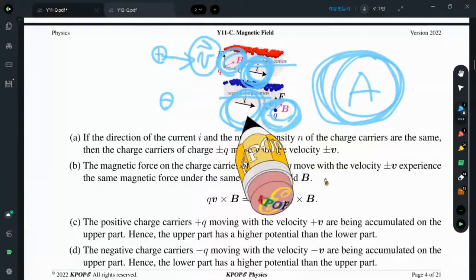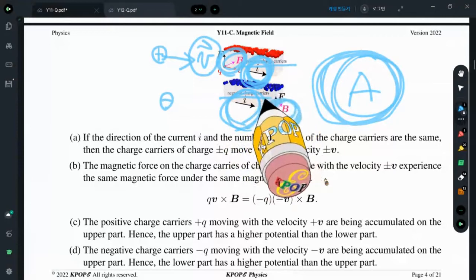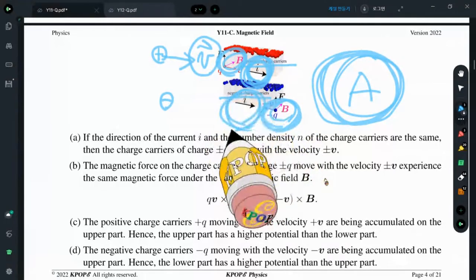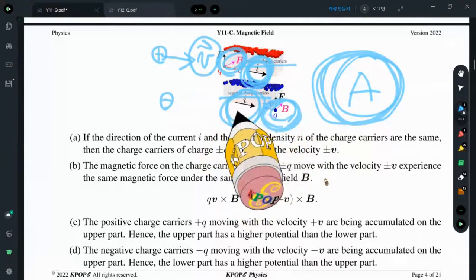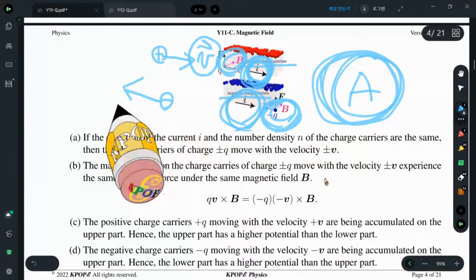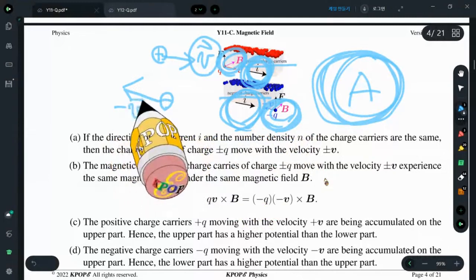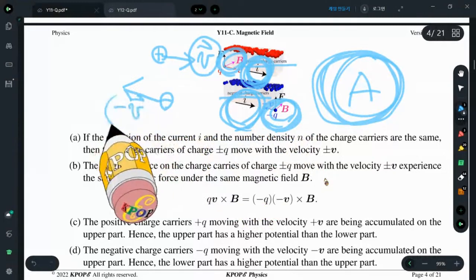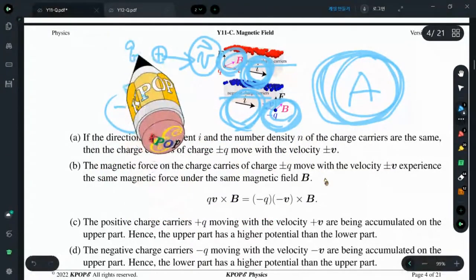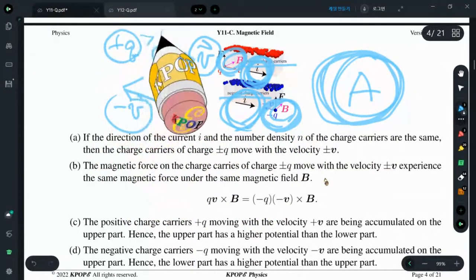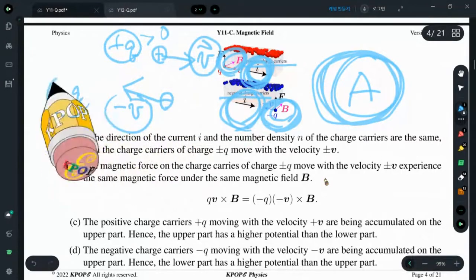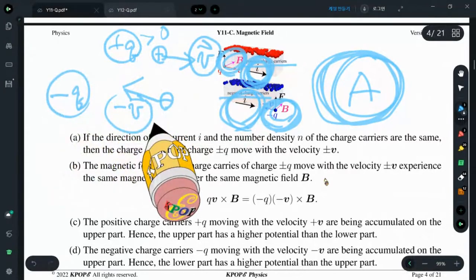If it is a negatively charged carrier, in order to produce the current in the same direction, the velocity of the negatively charged particle must be minus V. All right, this is a plus Q with V, and this is a minus Q with minus V.